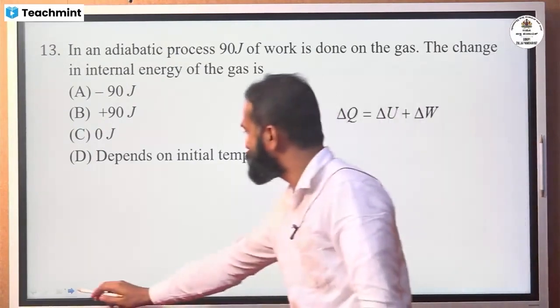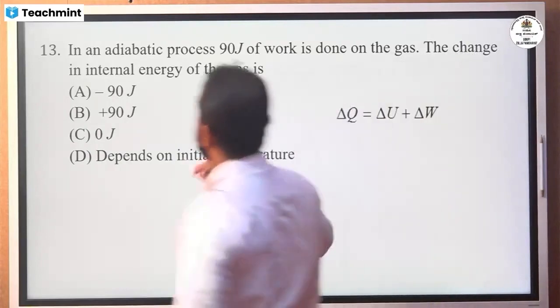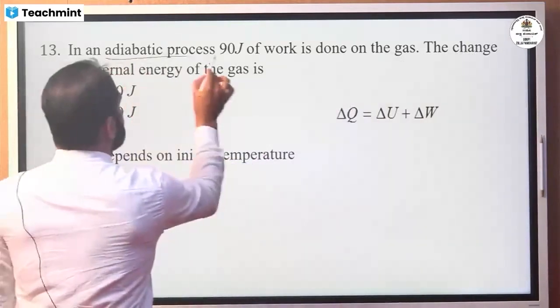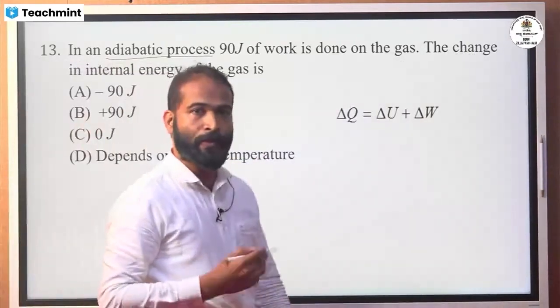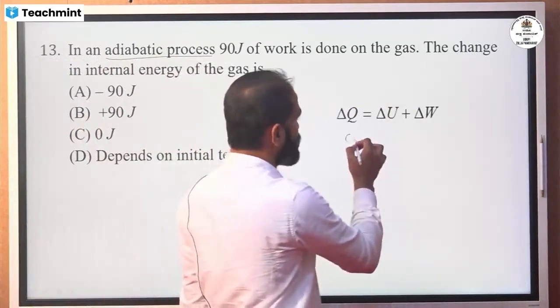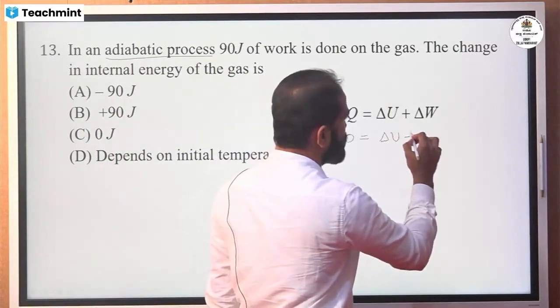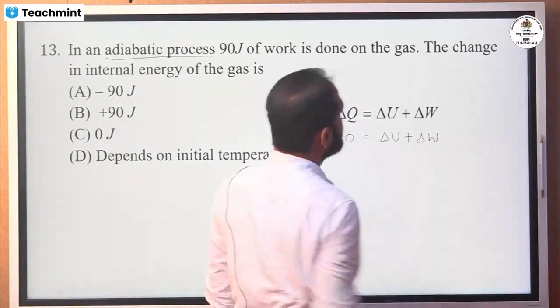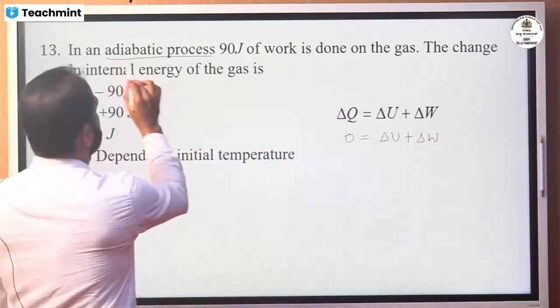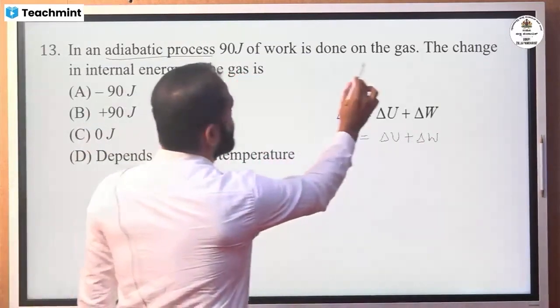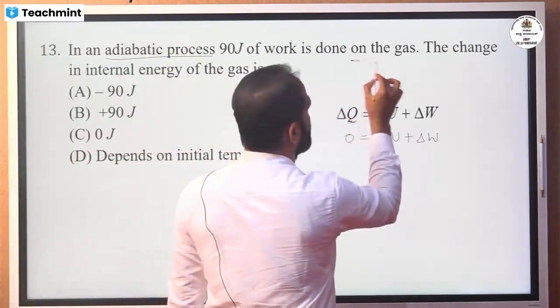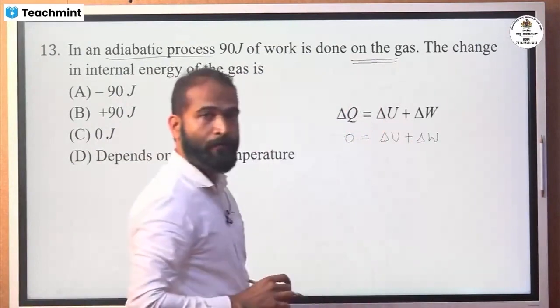Now here, look at the given information. There is an adiabatic process. So if it is an adiabatic process, there is no exchange of heat with the surroundings. So this is going to become 0. That is equal to delta U plus delta W. And 90 joules of work is done on the gas. Look at the wording here. You have to be very, very careful while substituting.